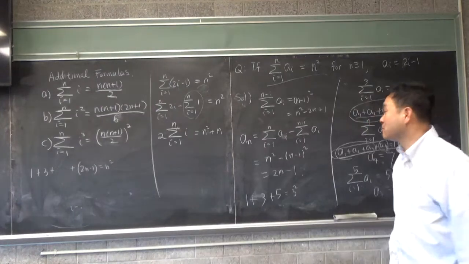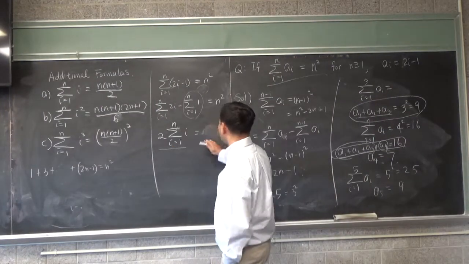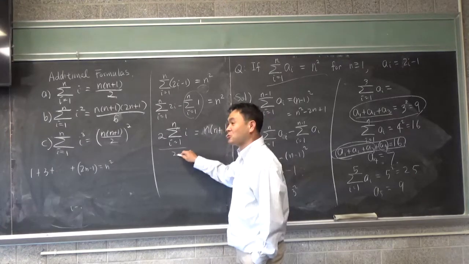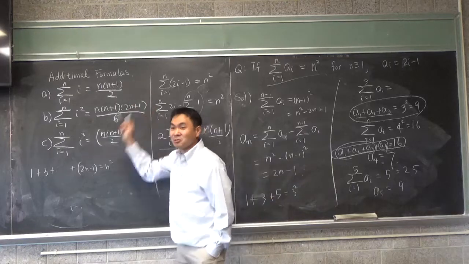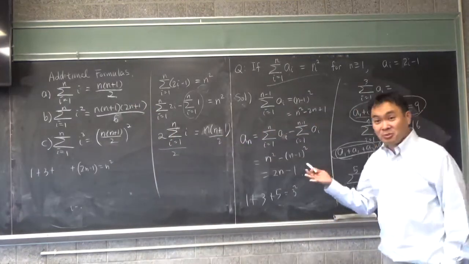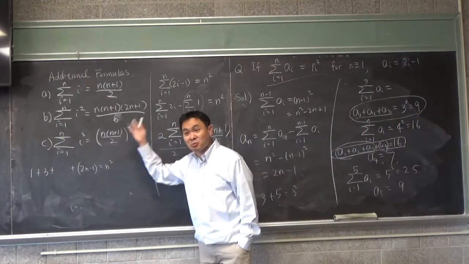Because if you factor n out, you get n times (n plus 1). And then all you have to do is divide by 2 and you're done. That proves it. Now you can do the same thing with n cubed. That's what we're going to do next time, and then you can just continue on and prove all these other forms.